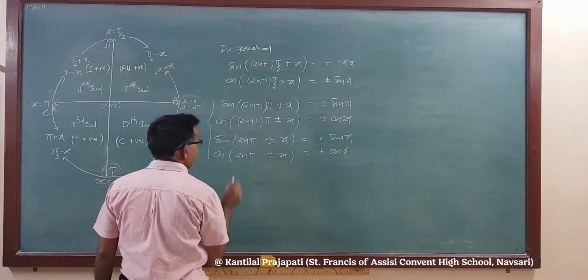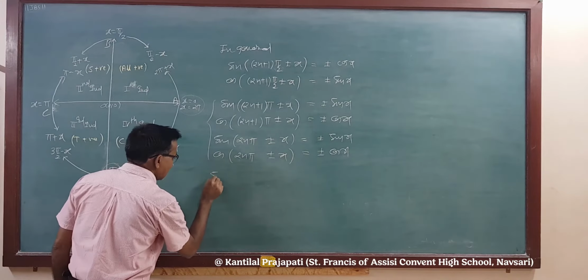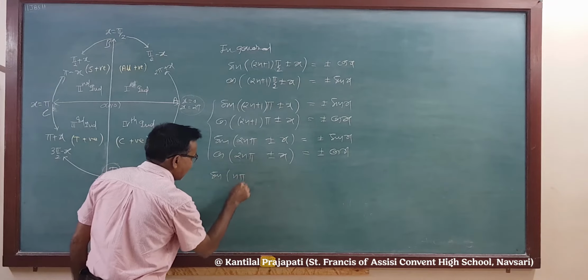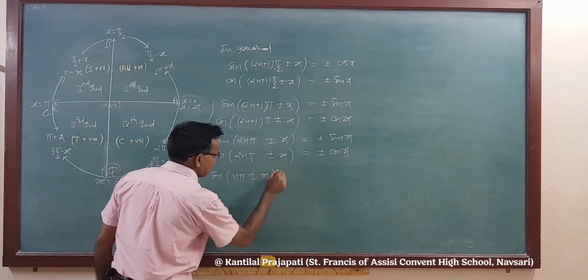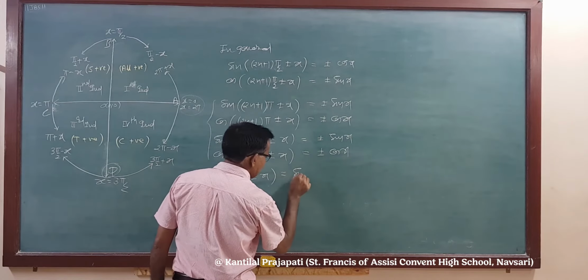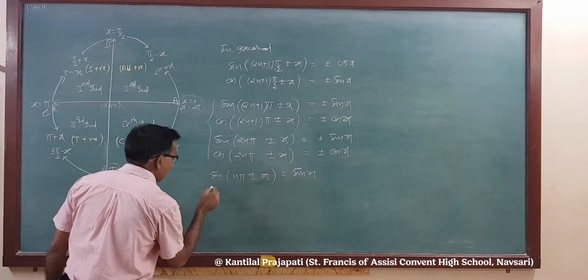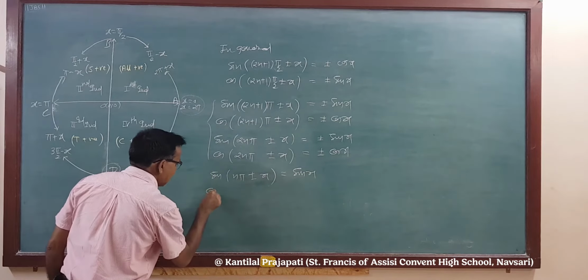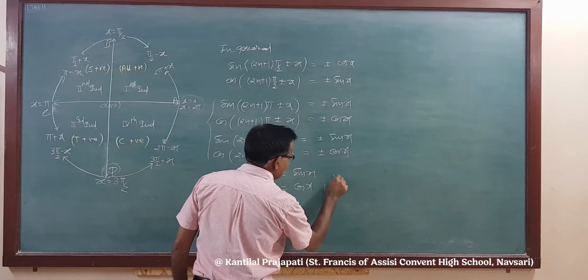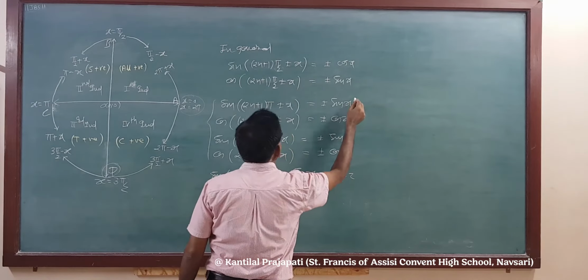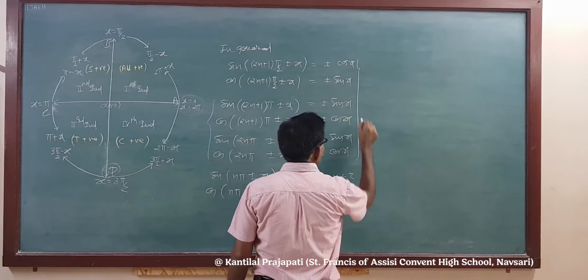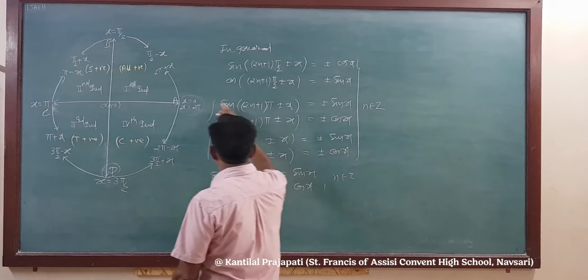This is even and odd. Or this can be written as only sin of nπ plus or minus x is sin x, right? And cos of nπ plus or minus x is equal to cos x, where n belongs to Z everywhere. Here also n belongs to Z. This fourth formula is also written.